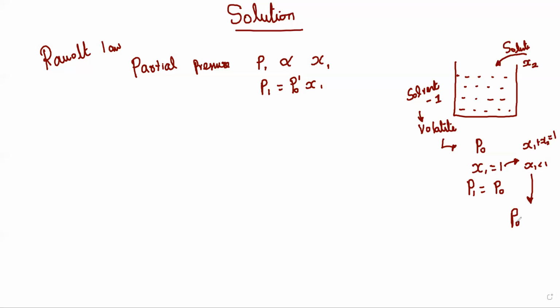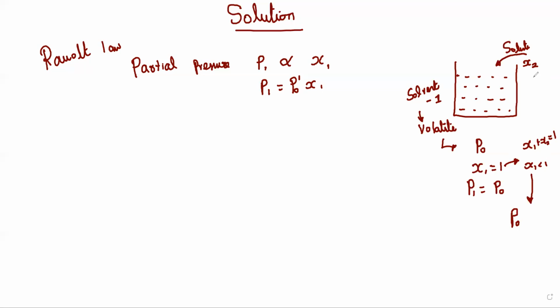So in that case the overall vapor pressure is reduced, because P0 is the vapor pressure of the pure solvent. Now if you add any solute to that, this vapor pressure will be reduced. How much will it reduce? Based upon the concentration of the solution, x2.